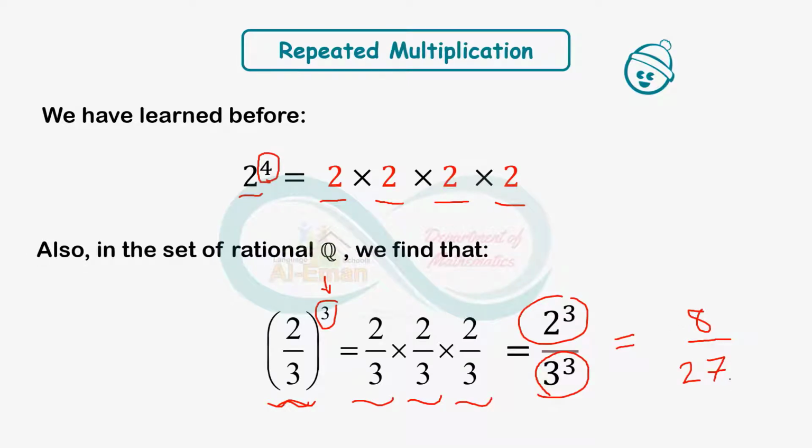Remember that a number containing a fraction like 2 over 3 belongs to the set of rational numbers. In the previous example, we learned how repeated multiplication works in the set of integer numbers, and this example shows us how it works in the set of rational numbers.